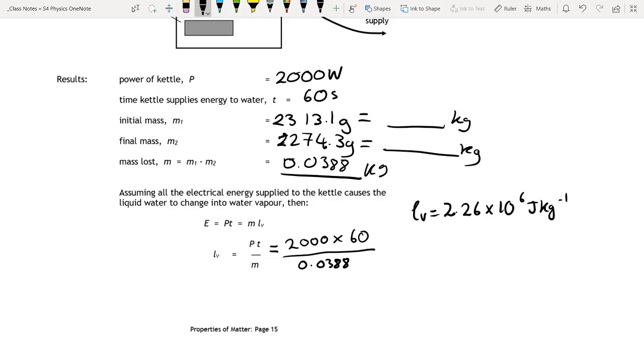Yeah. So 3.1. No, no, that's the point. That's the point. Okay.